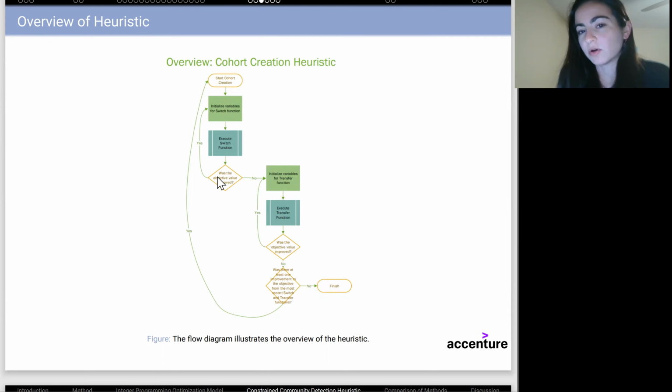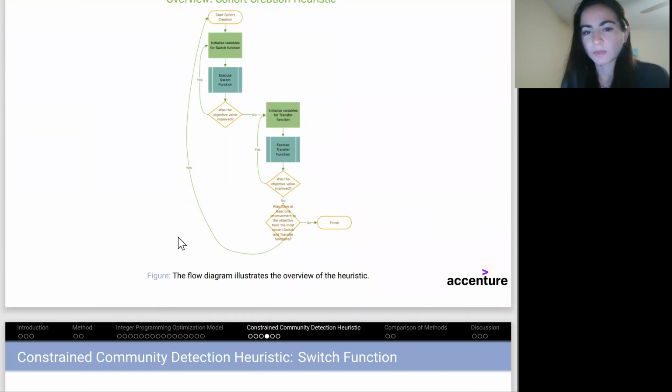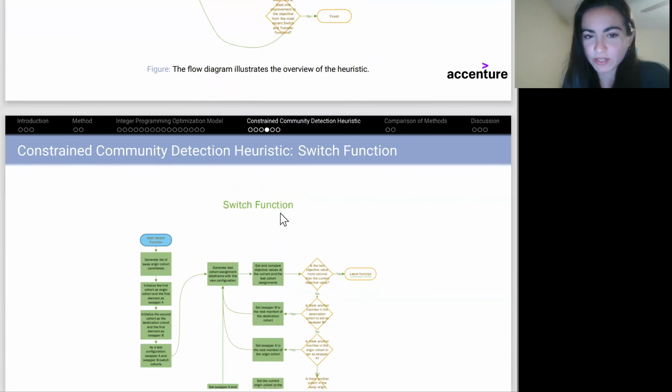If, for example, you go through an iteration of the switch function and it improves the objective by 1 point and it's exhausted, and then you execute the transfer function and nothing improves, you're still not finished and you have to go through the whole process again until there's absolutely no change in that first process and no change in the second process. Very exhaustive approach there.